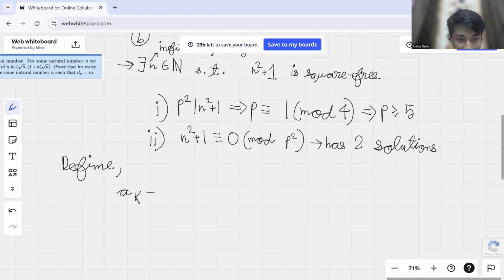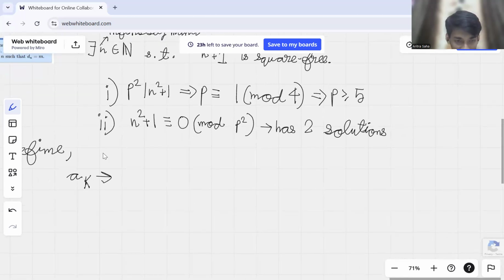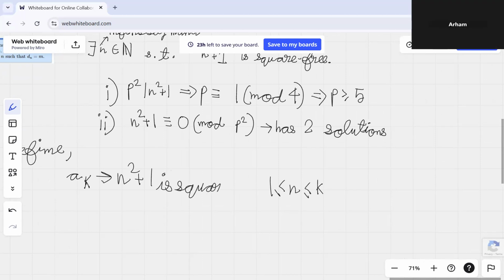A_k just counts the number of values of n between 1 and k such that n squared plus 1 is square free. It's a counting function.